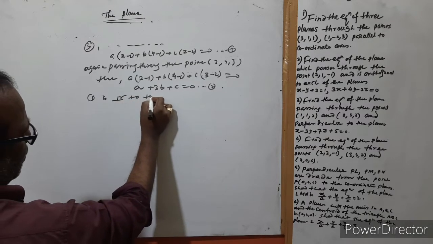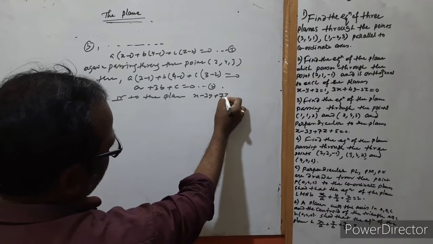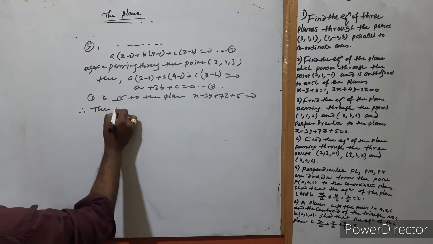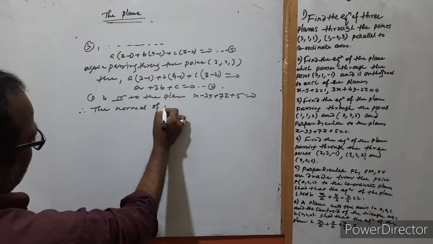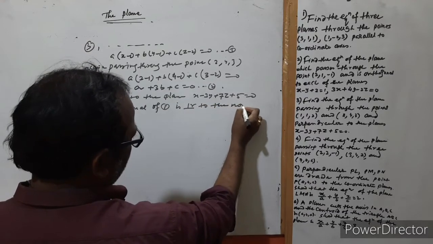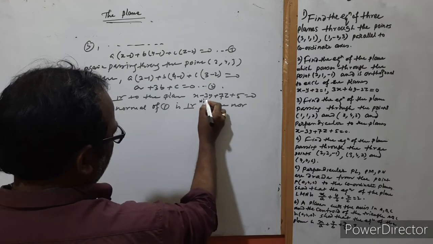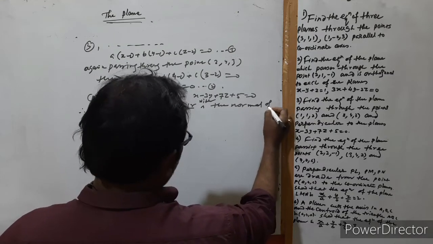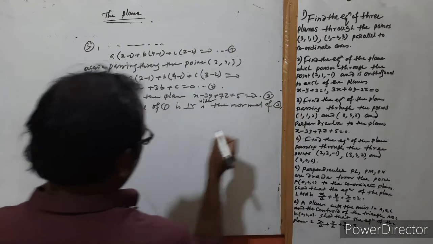And 1 is perpendicular to the plane x minus 3y plus 7z plus 5 equal to 0. So therefore the normal of 1 is perpendicular with the normal of 3.